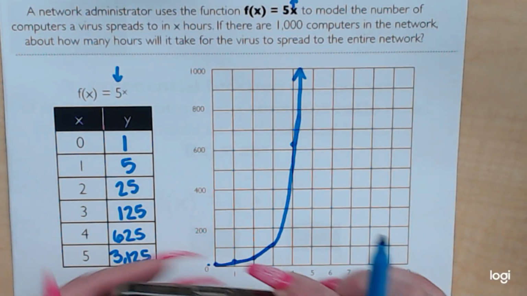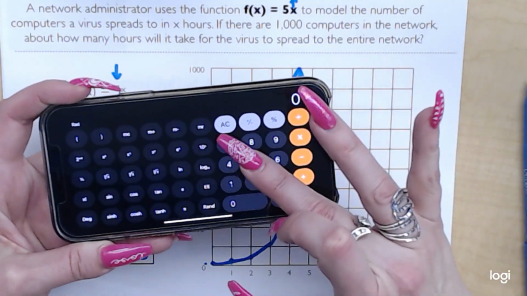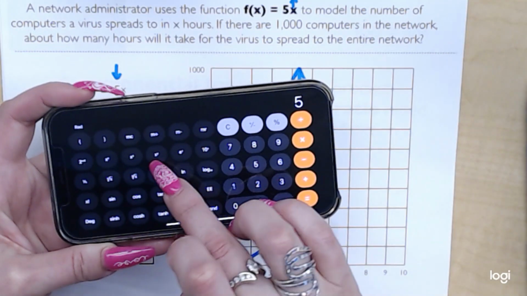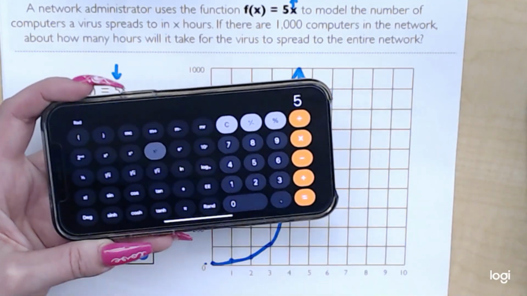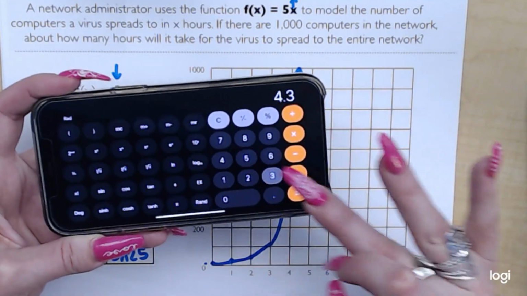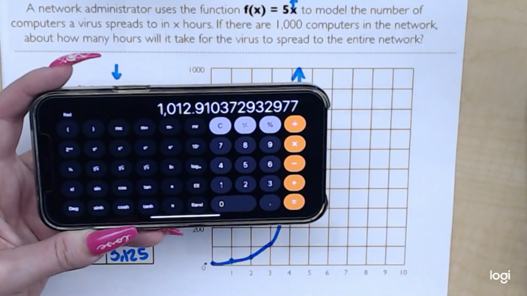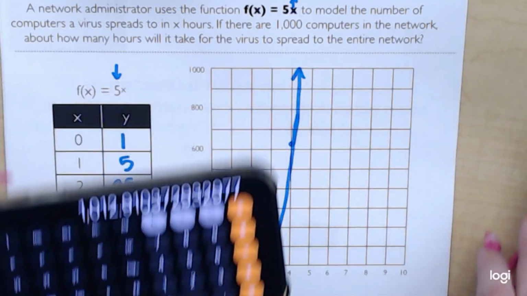And so if we check that, assuming most of you would be using a phone, you would do 5. Your XY button gives you your root, and then we're going to guess 4.3. I think that's pretty close. We can leave it at that. It's a little more than 1,000, and that's what we were asking for.